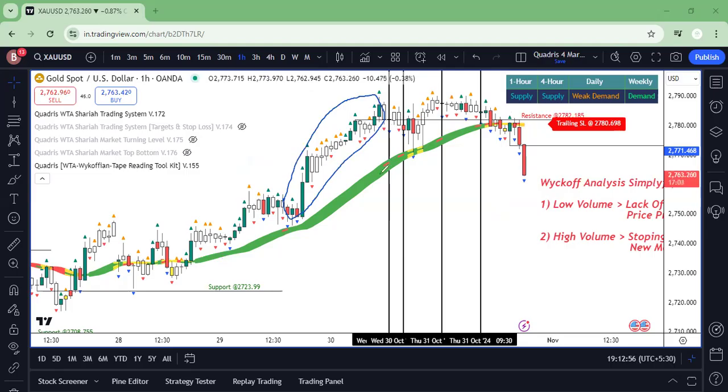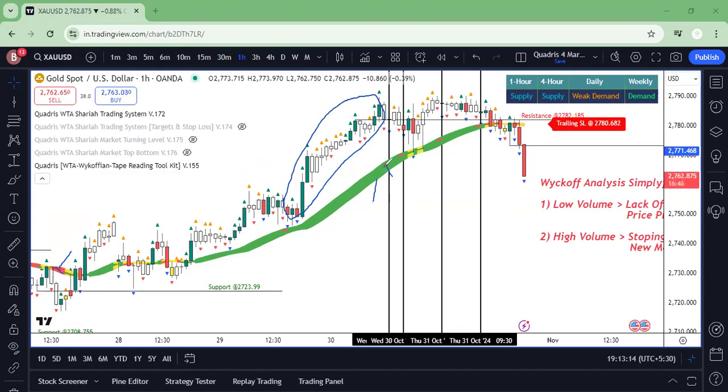Here we are talking about when there is a green ribbon and a red line, that means it is referring to high volume supply. When there is a red ribbon and a green line, that is referring to high volume demand.